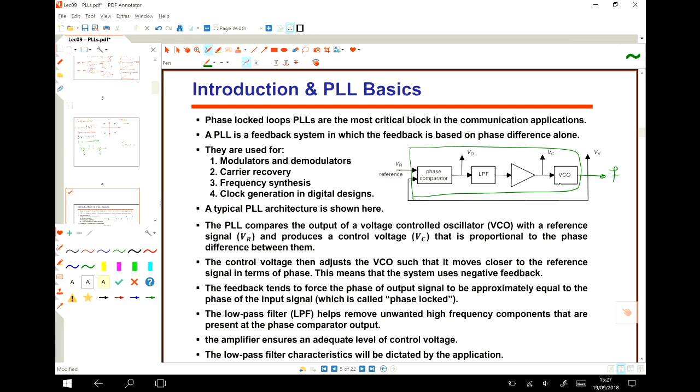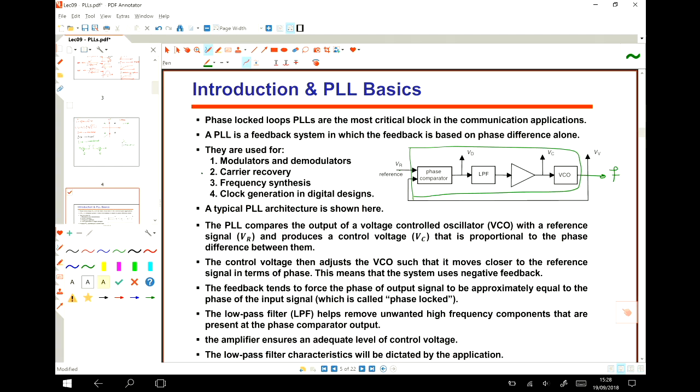This VCO is generating a local signal, and then the output of this, I do a kind of comparison, and then do a filtering, and then apply it again. So this is a closed loop system, and we try to control it in such a way that the output of this system and the input of this system are locked together. Okay? Clear? All right.